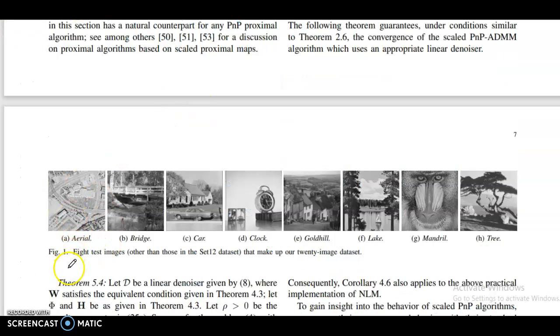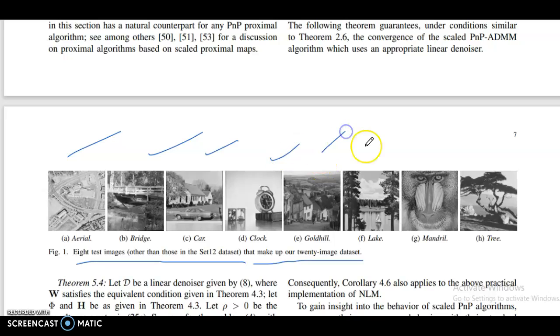In this paper, they have used 8 test images other than those in the Set12 dataset that make up our 20 image dataset. This figure shows the bridge, car, clock, gold hill, lake, mantle, tree.